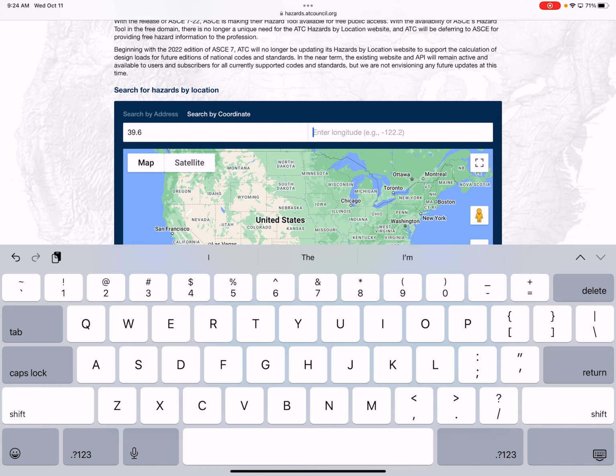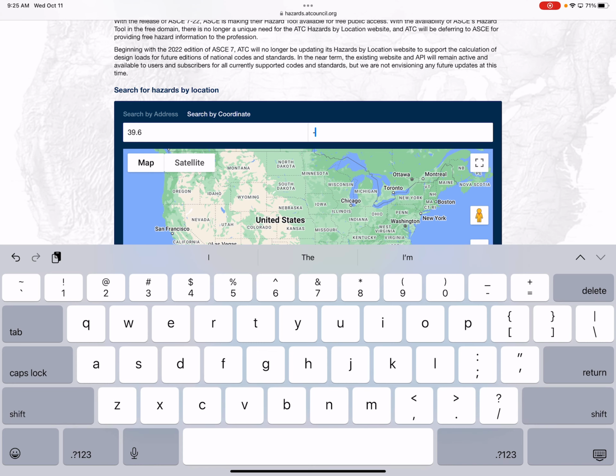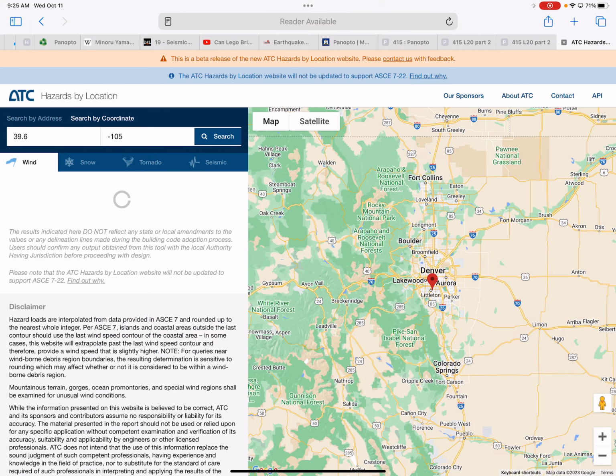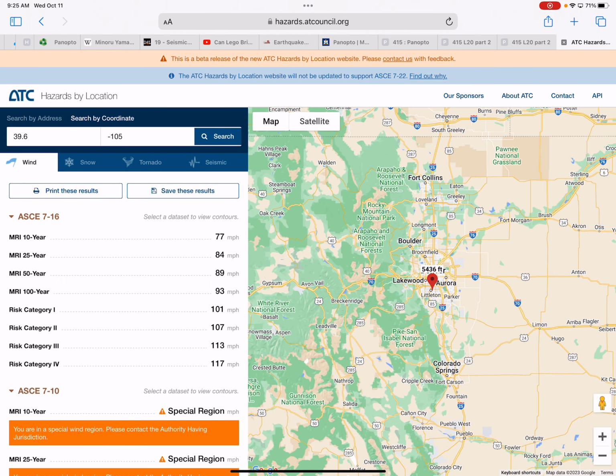And longitude. One thing to keep in mind with this website, west has to be entered as negative. So west and south are entered as negative, north and east positive. So make sure you do that. So I'll enter -105, otherwise you'll end up in China with no values because ASCE doesn't cover China.